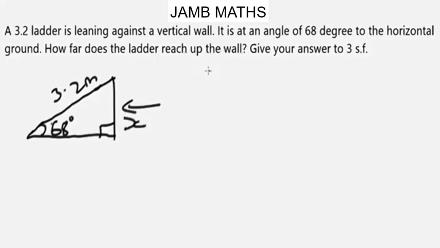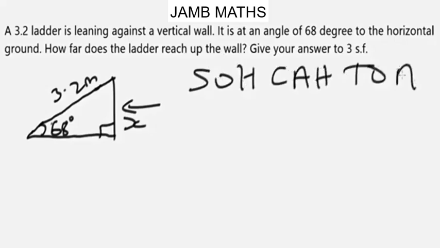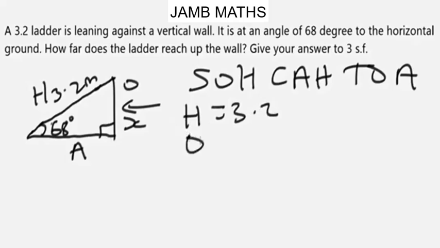All right, so from this, our acronym SOH CAH TOA. We have the hypotenuse, which is this, labeled hypotenuse, opposite and adjacent, to be 3.2, and we are dealing with the opposite, which is x, unknown.